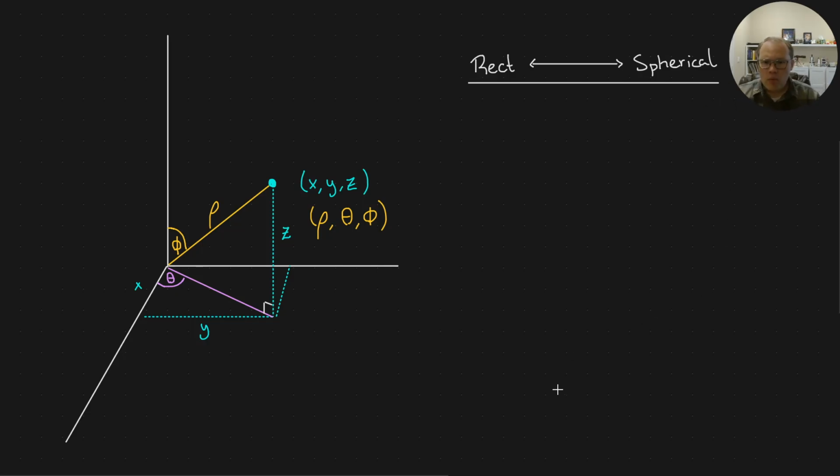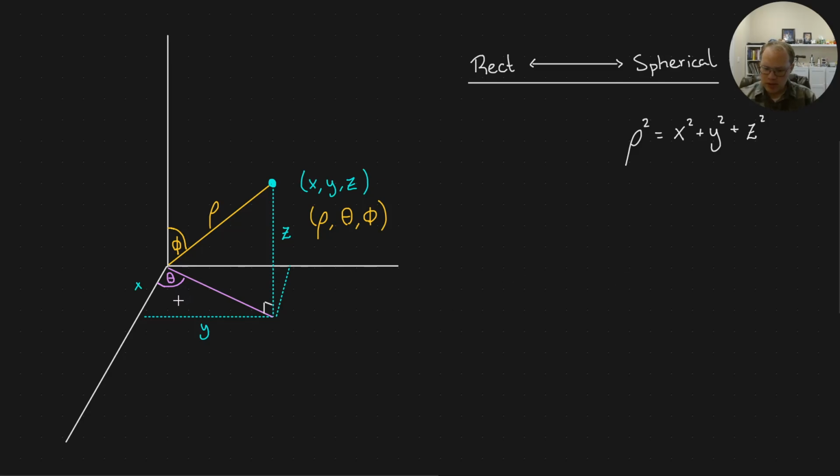Okay? Well, let's start with the low-hanging fruit. Rho is easy because rho is just the distance from the origin to the point. So I could just use the distance formula, or the three-dimensional Pythagorean theorem, right? Rho squared is equal to x squared plus y squared plus z squared. Okay?